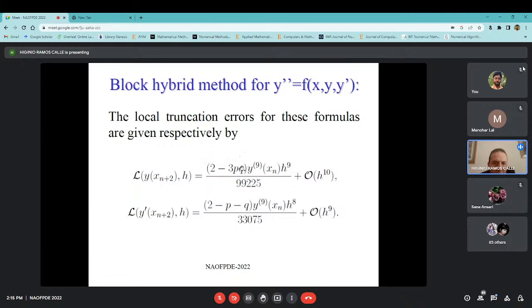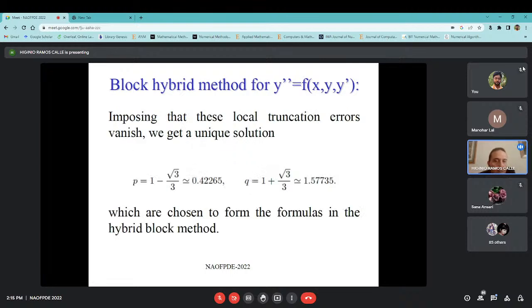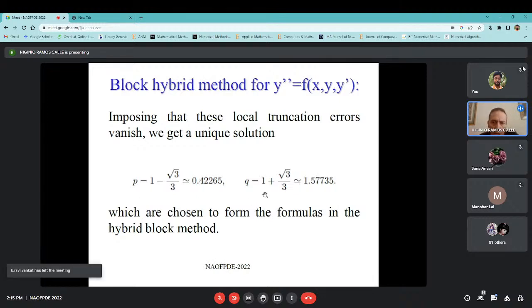We consider the principal term of these local truncation errors, we vanish those terms, and we get an algebraic system. We solve this algebraic system and obtain the values of the two parameters. So we have obtained an optimized block method for solving second-order differential equations.